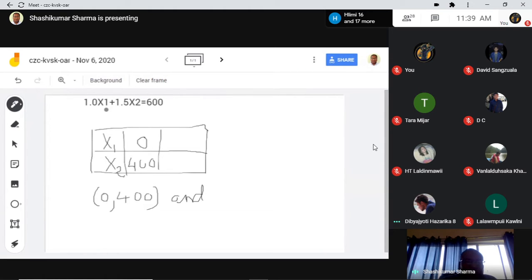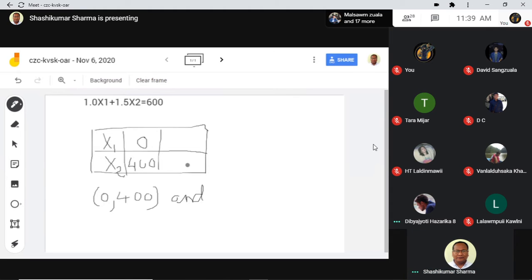For the second coordinate, we had taken x1 as 0 in the first one, so in the second one we assume x2 as 0. When x2 is equal to 0, x1 will be how much? x2 is 0 means 1.5 into 0 is 0, and what you have is 1.x1 is equal to 600.